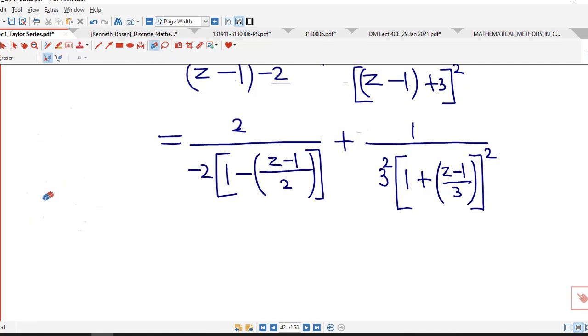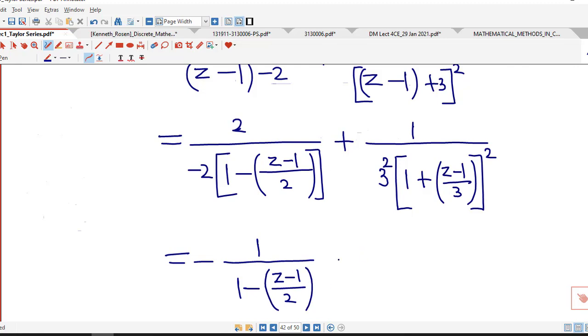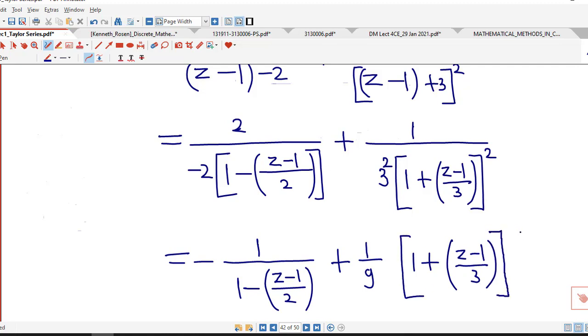Now we rewrite this: here 2 will cancel out, and we rewrite this as 1 over 1 minus z minus 1 divided by 2, and the same thing here, and this I rewrite as 1 plus z minus 1 by 3 to the power minus 2.